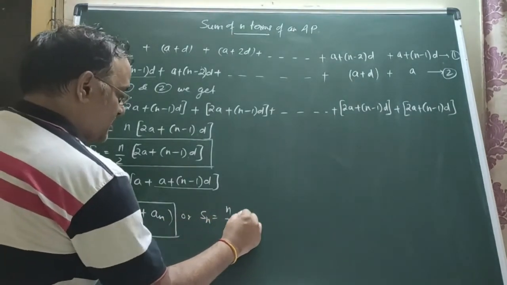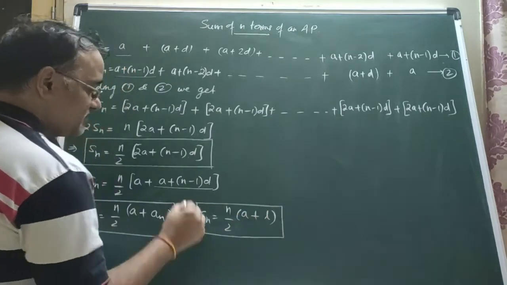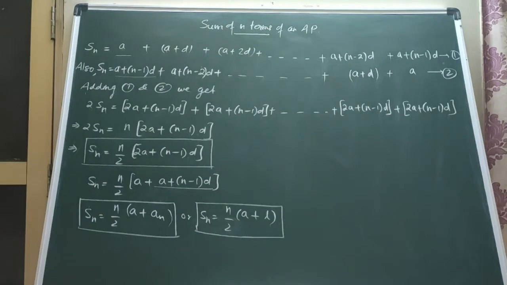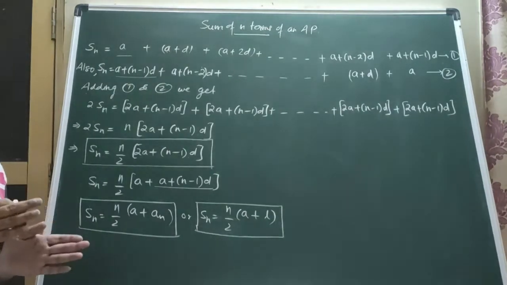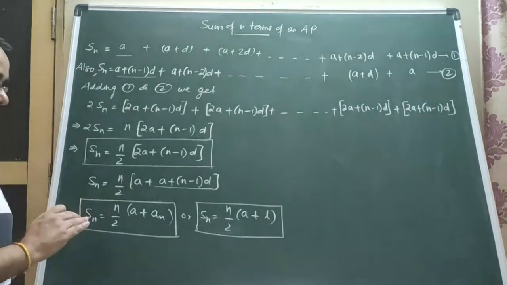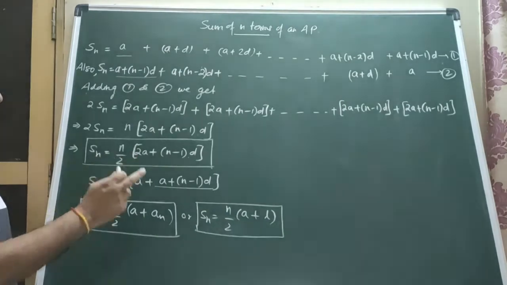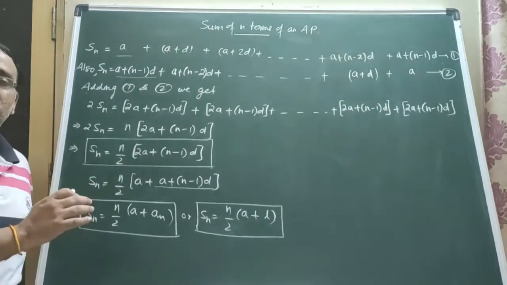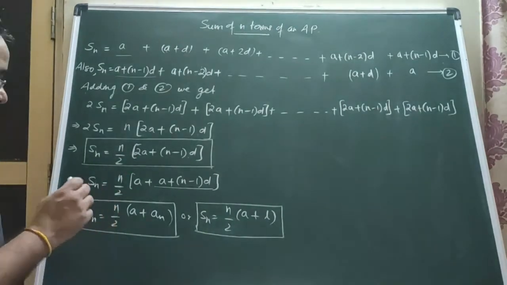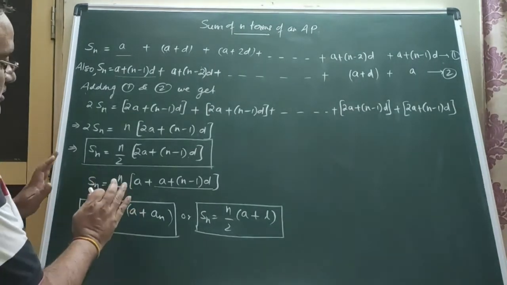In some books it is given a plus l, l is the last term. ओके, अगर एपी में फर्स्ट टर्म और लास्ट टर्म अगर हम लोग के पास दिया हुआ है, सो वी कैन यूज दिस फॉर्मूला ऑल्सो. Instead of using this formula we can use this formula to make the calculation easy.